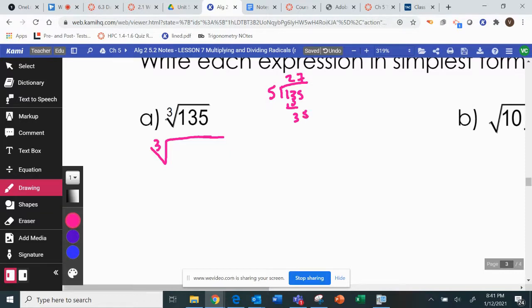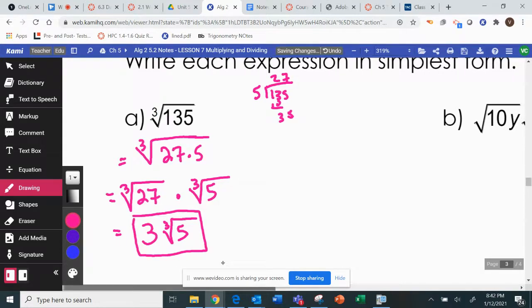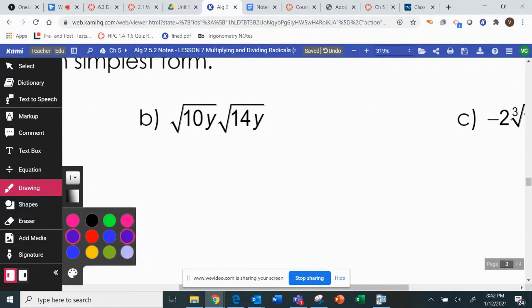Okay, so I can separate this to be 27 times 5. From there, I can separate it to be the cube root of 27 multiplied by the cube root of 5. And the cube root of 27 is a perfect cube, 3. But the cube root of 5 does not simplify any further, so I will leave it as cube root of 5. 3 cube root 5.